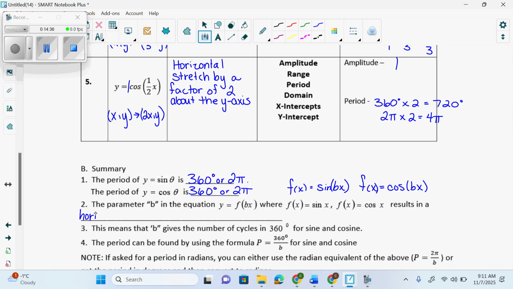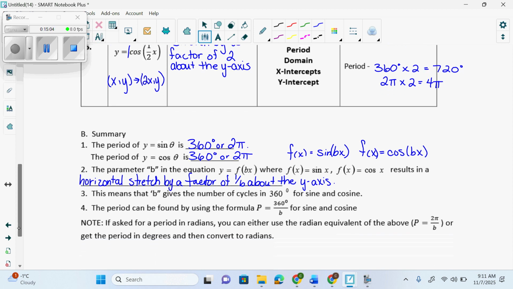Horizontal stretch by a factor of what? Of 1 over b, about the y-axis. Guys, quit talking. Make sure you're filling this in.